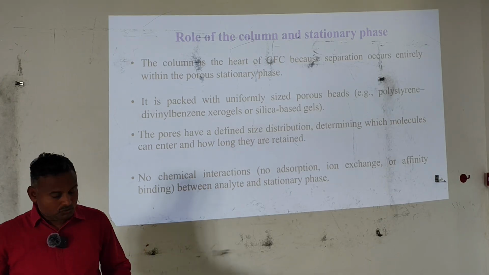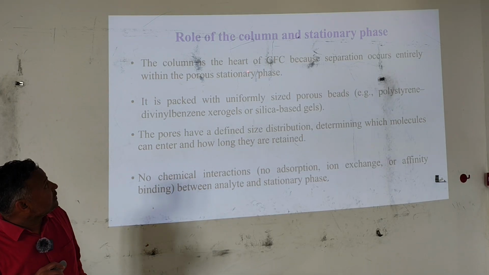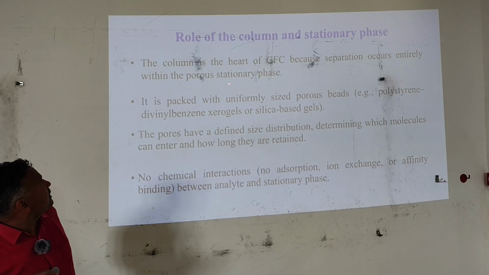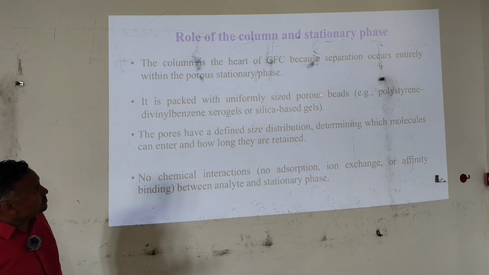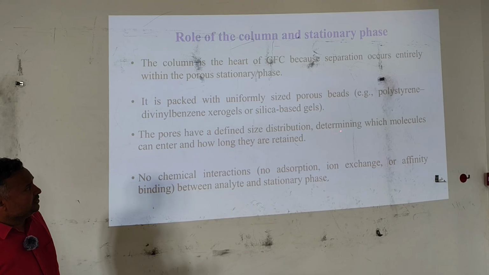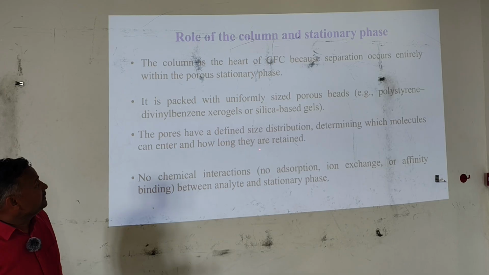Okay? So, the column is the heart of GFC because separation occurs entirely within the porous stationary phase. It is packed with uniformly sized porous beads. These porous beads are made up of polystyrene divinylbenzene gels or silica based gels. Pores have different size distribution, determining which molecules can enter and how long they are retained.